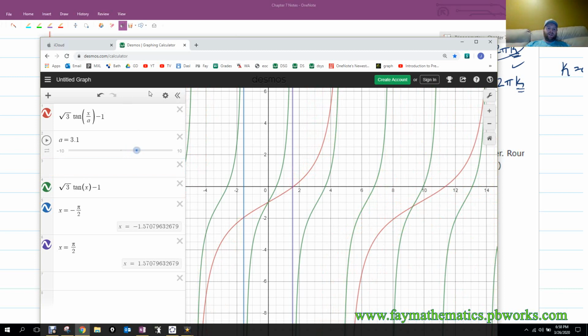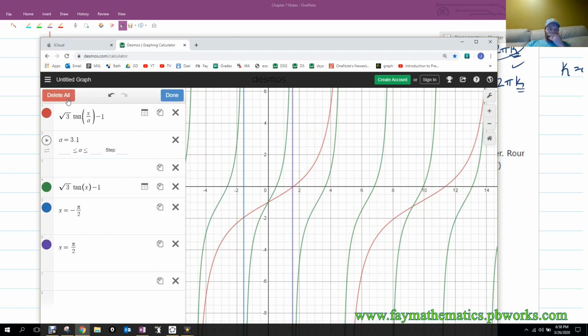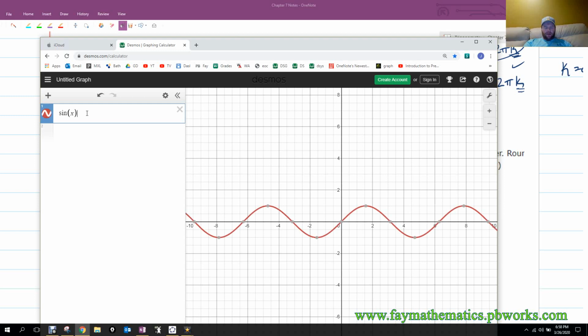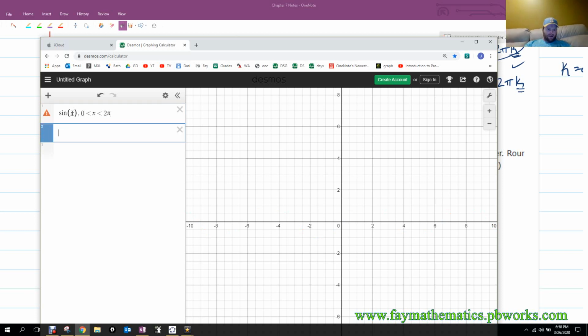Something that you'll see in regards to this, let's just take sine of x real quick and look at it between 0 and 2 pi. Can I do that? I'm not sure. Maybe I do it this way. 0 to 2 pi.